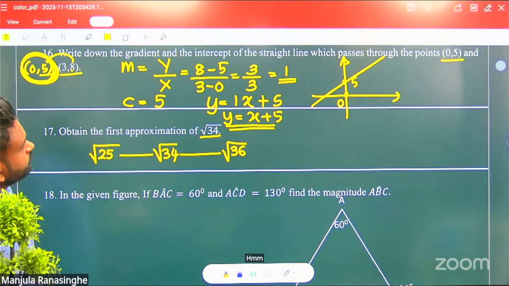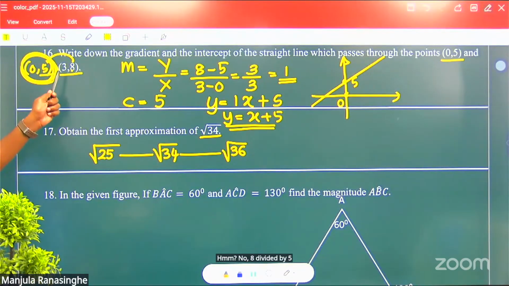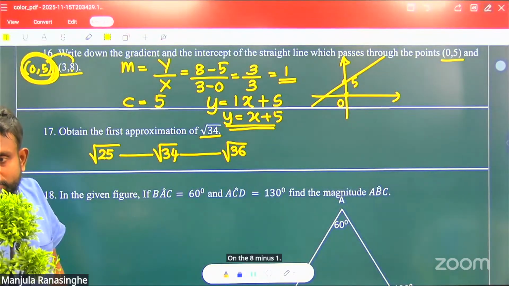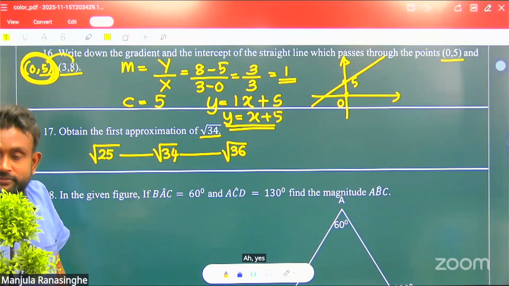No, 8 minus 5 divided by 3 minus 0. That's the way. Not 5 minus 8 and 3 minus 0, but 0 minus 3. Yes, that is correct.